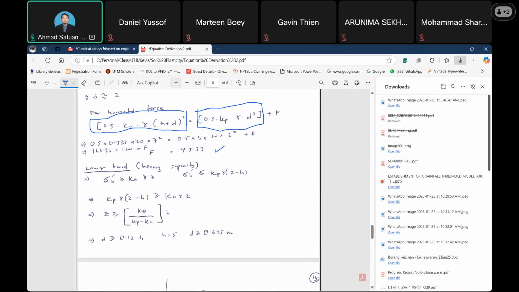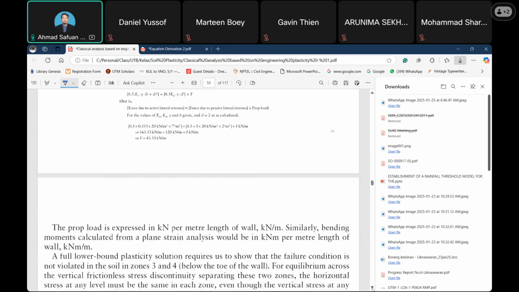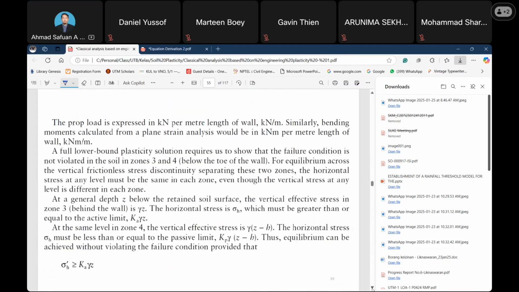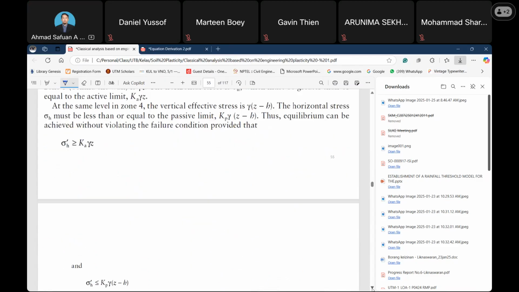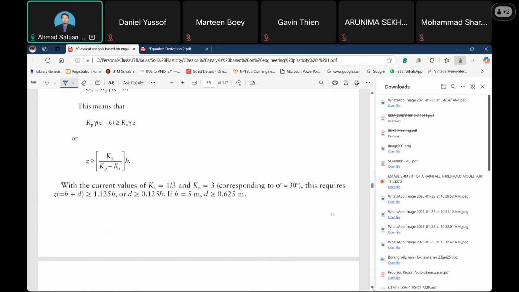So the next question is on lower bound, to estimate what is the lowest D that can be obtained, means that the upper part is 2 meter.